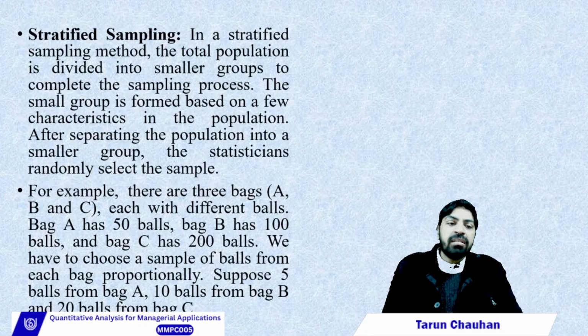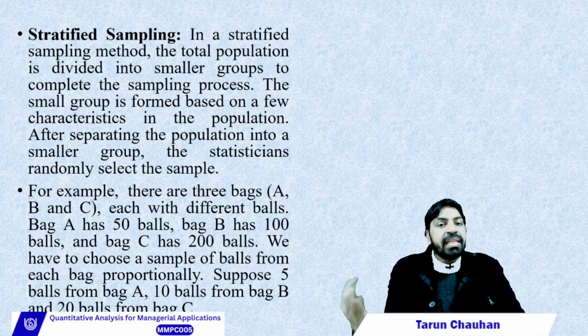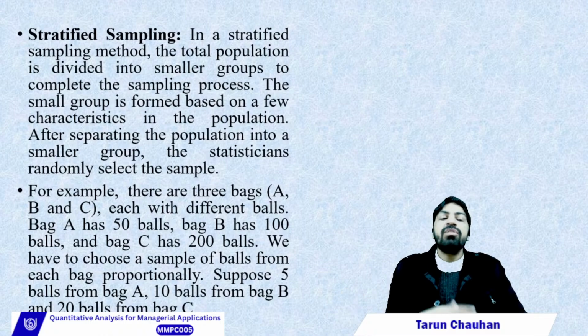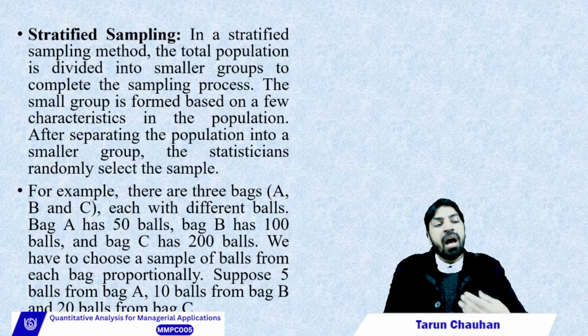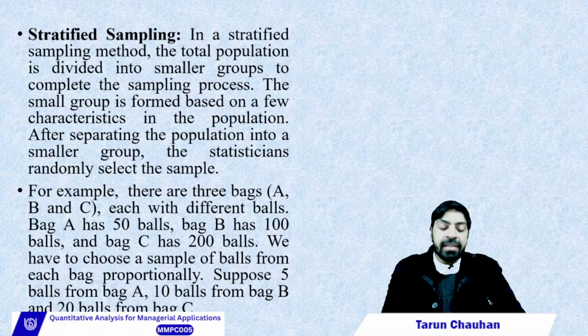It could be gender, occupation, income group, marital status. So it's all about the characteristics in the population, that is how the small groups are formed or classified. After separating the population into smaller groups, the job of the statistician or researcher is to randomly select the sample.